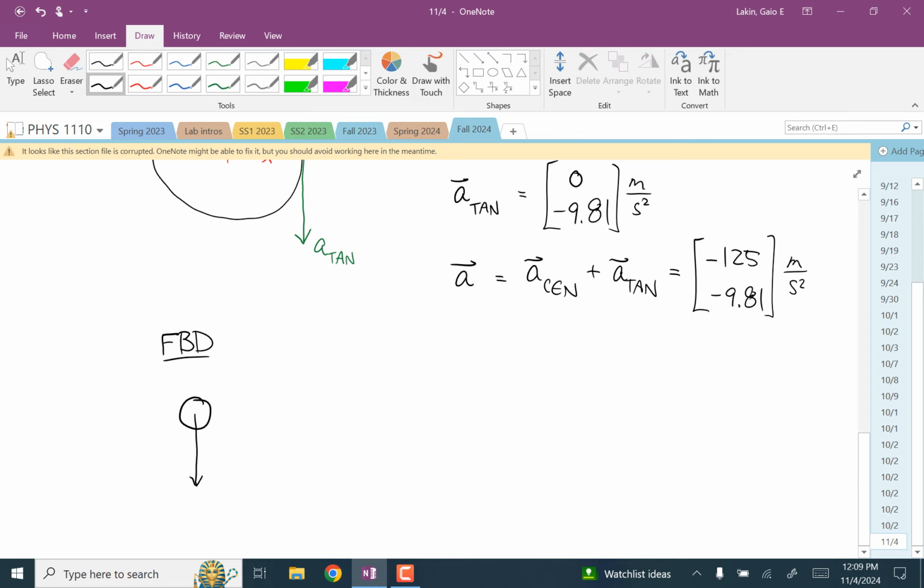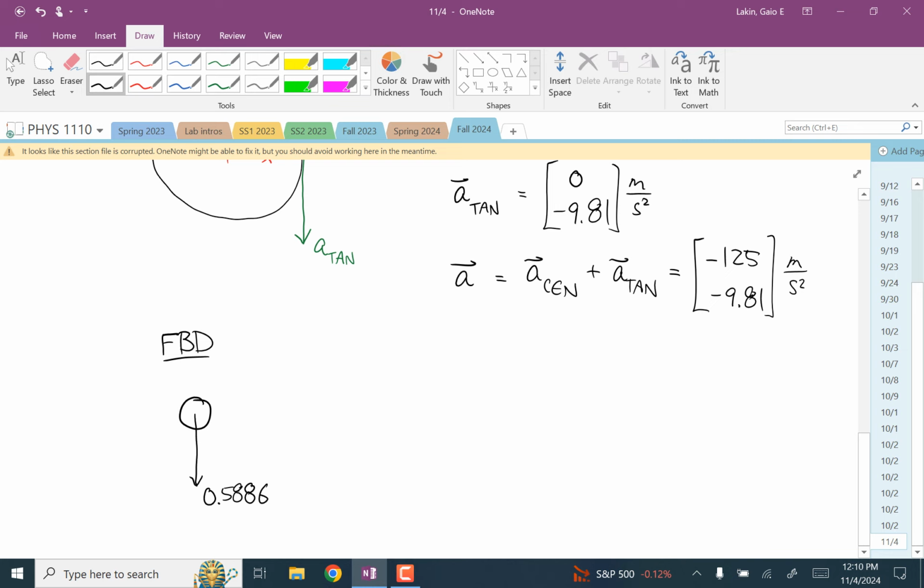That's acting down at 0.06 times 9.81, which is 0.5886. Now for the only other force, you go around the boundary and look for where the surroundings make contact.